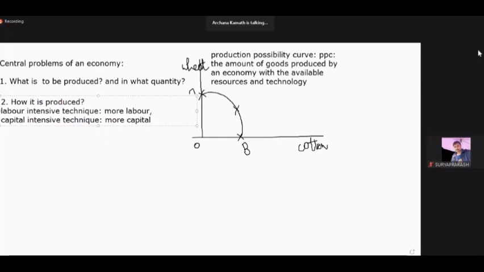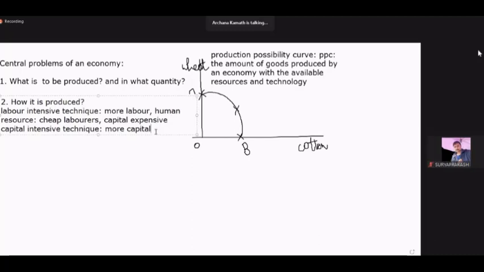More labor means a high amount of human resource, and when human resource is available, you can find cheap availability of labor, right? And at that time, capital would be more expensive.